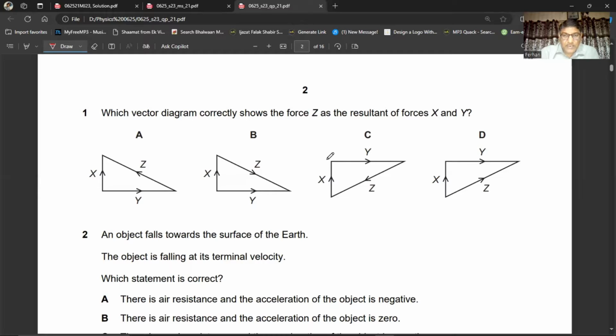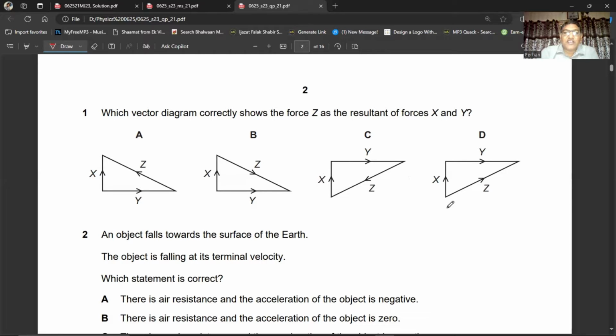Here, the head of the first vector is joined with the tail of the second vector, and this is the right situation for the triangular law. You put the tail of the second vector at the head of the first vector, and the resultant is you join the tail of the first vector with the head of the last vector.